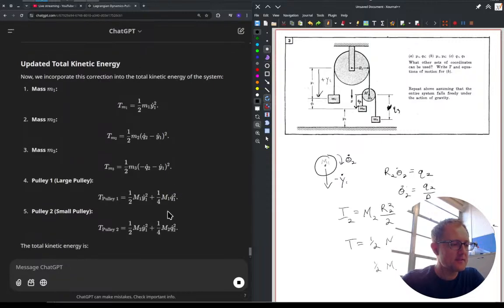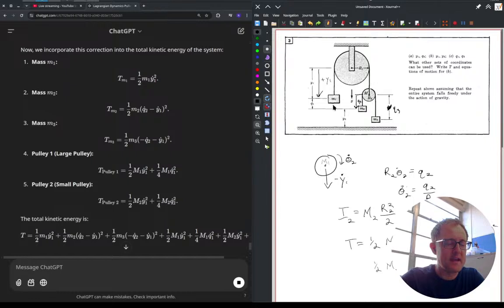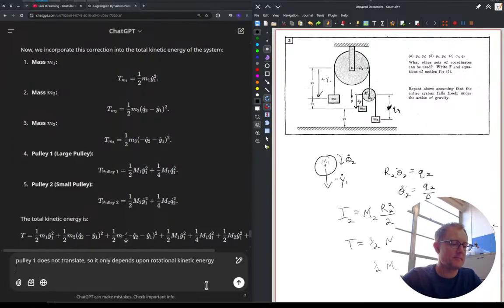Yeah, it's still trying to tell me that if Y1, so if this is moving down, then this is also moving up or something. Pulley 1 does not translate, so it only depends on rotational kinetic energy.